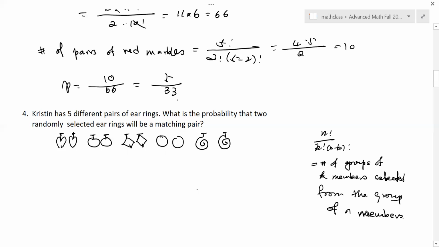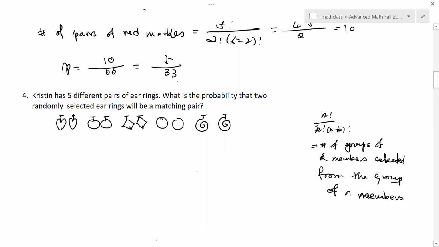That's why we're using the formula here right now. Okay. All right. So you randomly pick 2 earrings. Maybe that looks like that. Okay, but that's not a matching pair, right?